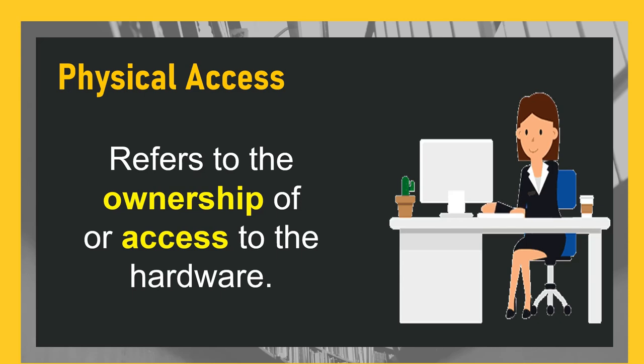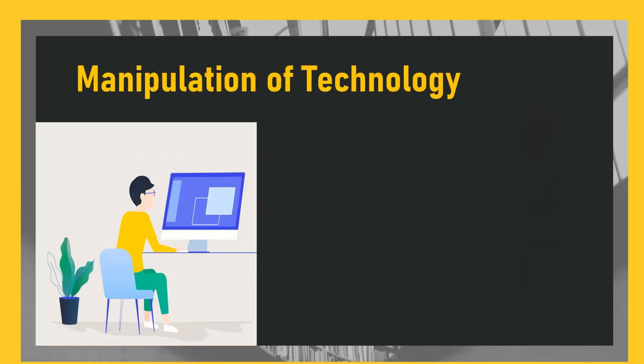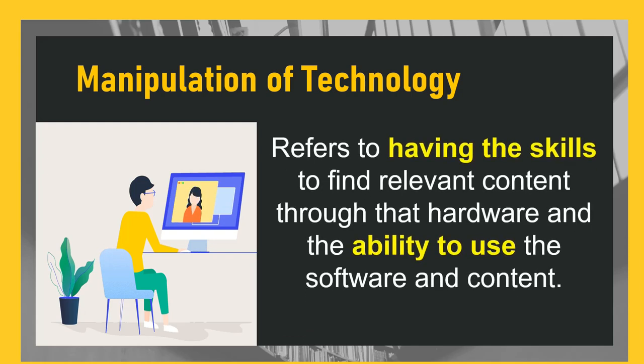Meaning to say, you really own the hardware needed to access those media, like owning a laptop, mobile phone, tablet, and so on. Next, we have manipulation of technology. This refers to having the skills to find relevant content through that hardware and the ability to use the software and content.